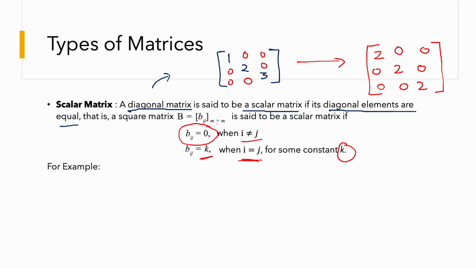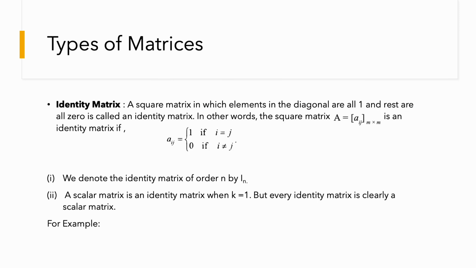And then we have the identity matrix. An identity matrix is again a square matrix in which the diagonal elements are all 1 and the rest are all 0. What was the diagonal matrix first of all? In a diagonal matrix, all non-diagonal elements have to be 0.